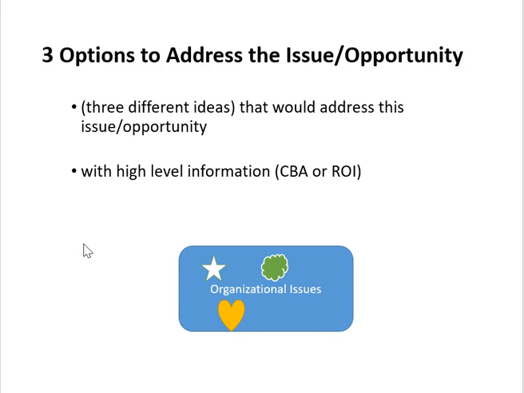Your alternatives may be to buy an existing software program, or it may be to develop a new software program in-house, or it may be to sell off the part of the business that is causing so many hassles so that you don't need any new software. There are always options, and think of options as do nothing, do something, or do something else.